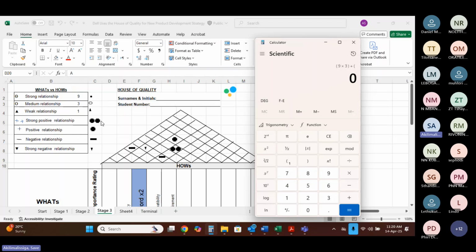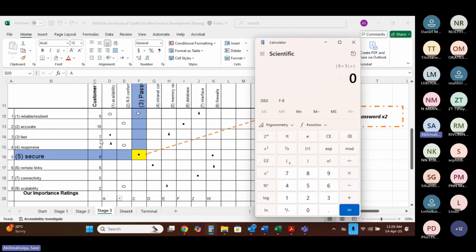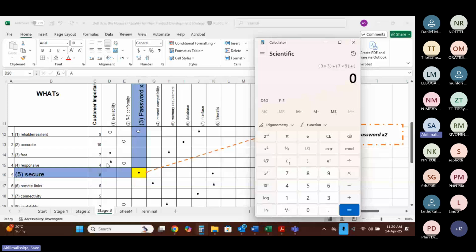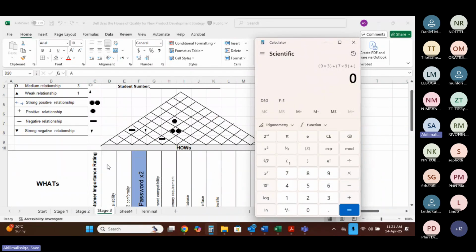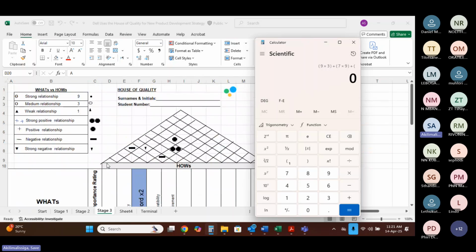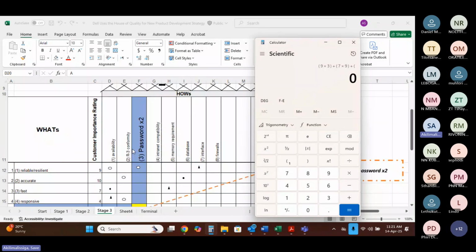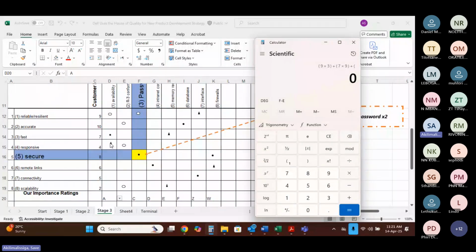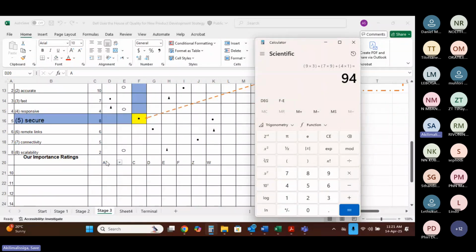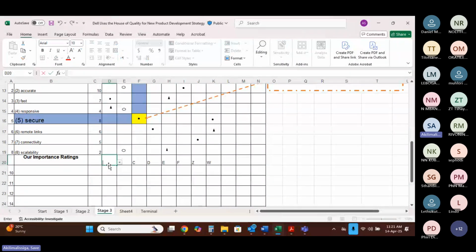Then, open the bracket, the last symbol in this row is a weak relationship, so that is 4 times 1. Then we close the bracket. That gives us a total of 94, so the value of A here is 94.